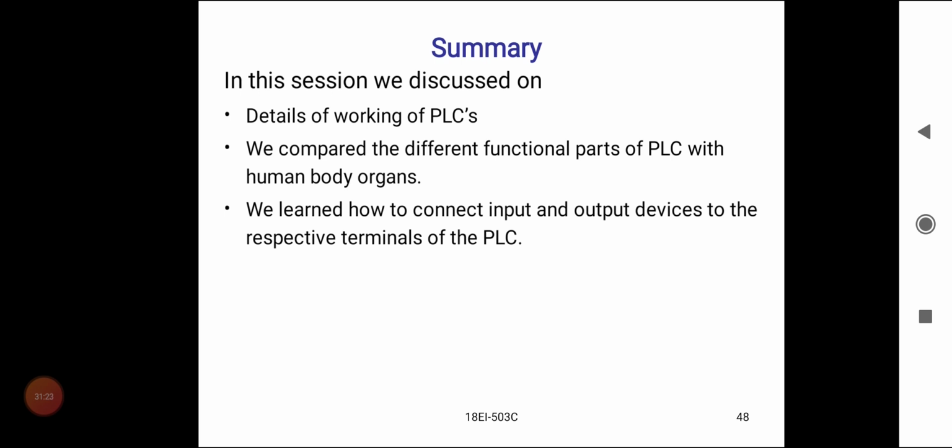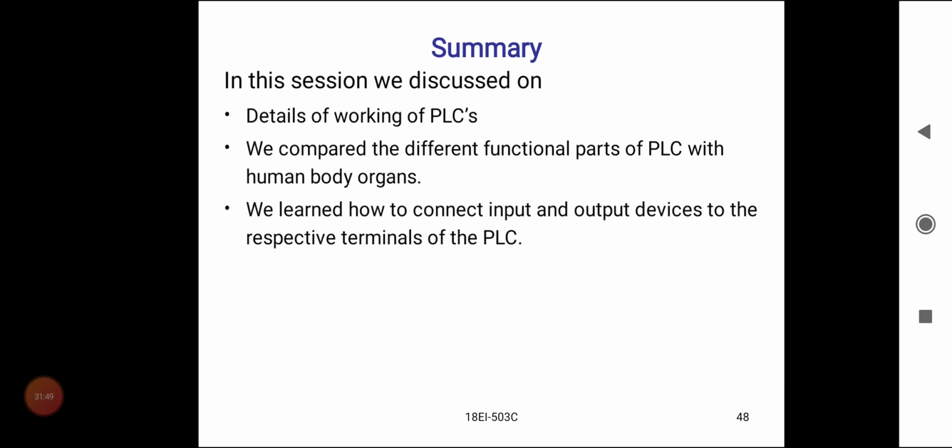Suppose the PLC consists of input switches. The PLC layout has an input card with input ports like X1 to X6, then output ports with LEDs, Y1 to Y6.